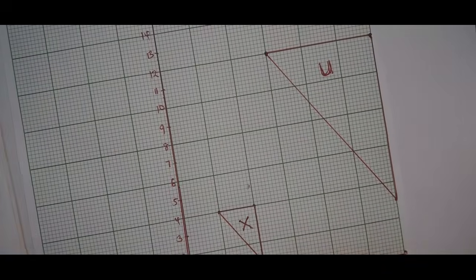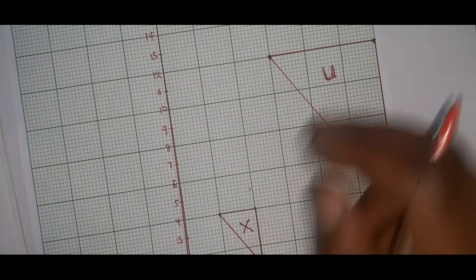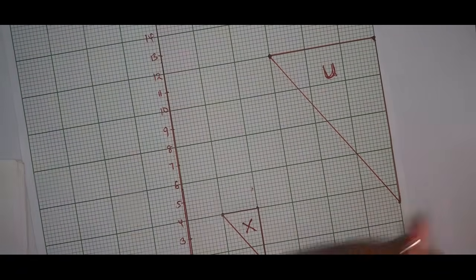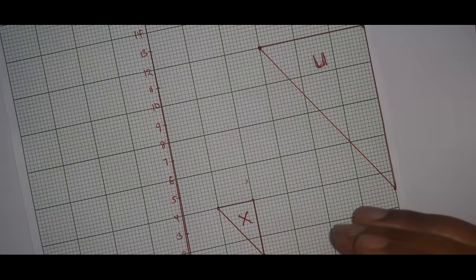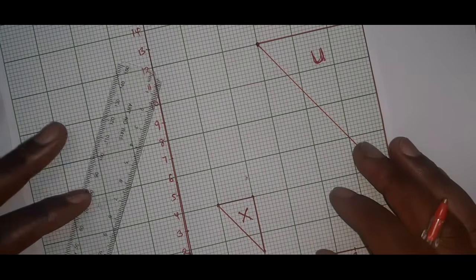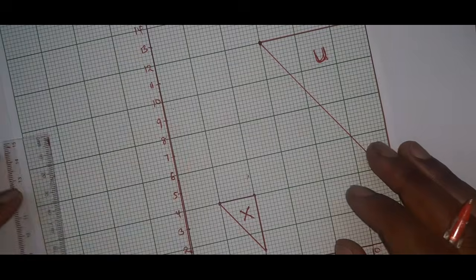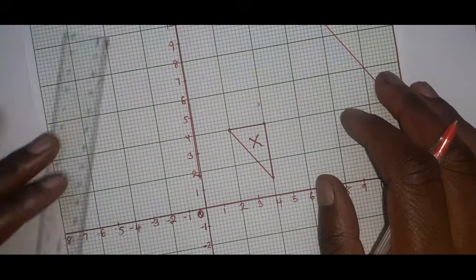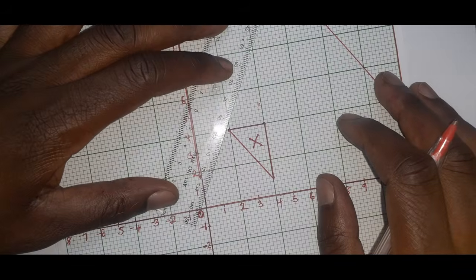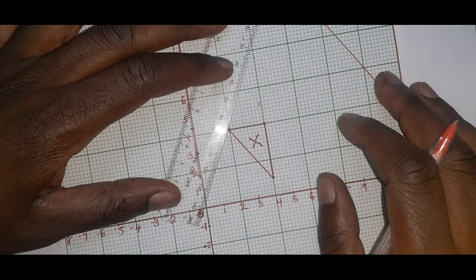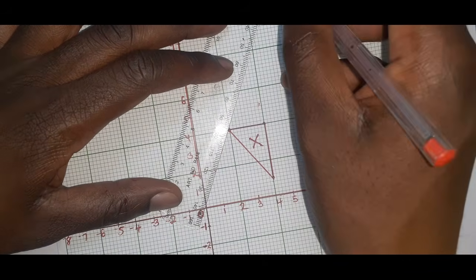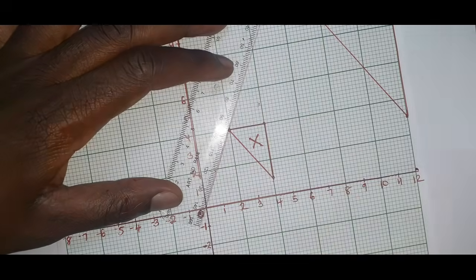So as you can see, this to this is an enlargement, isn't it? That's an enlargement. So to state an enlargement, we need the center of enlargement and the scale factor. So to find the center of enlargement, we join these 2 corresponding points, like this.